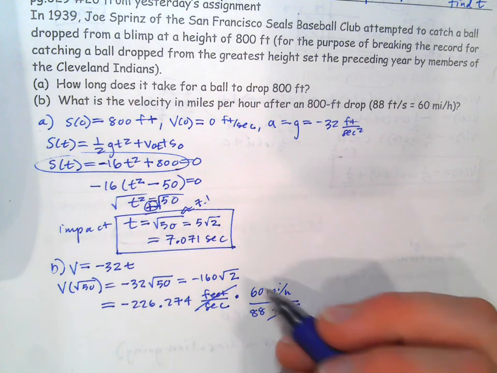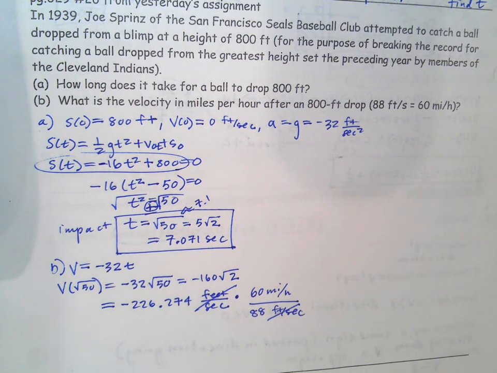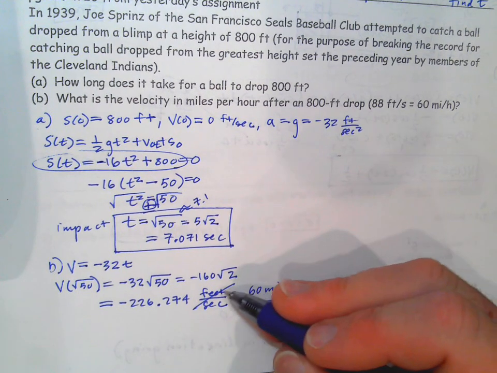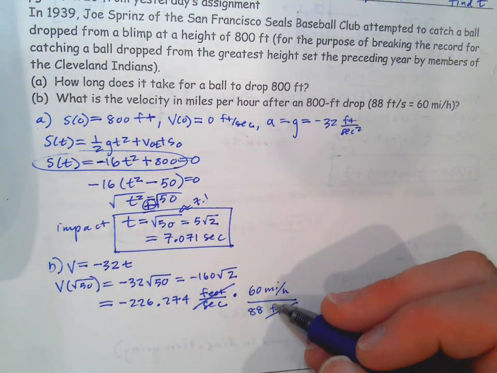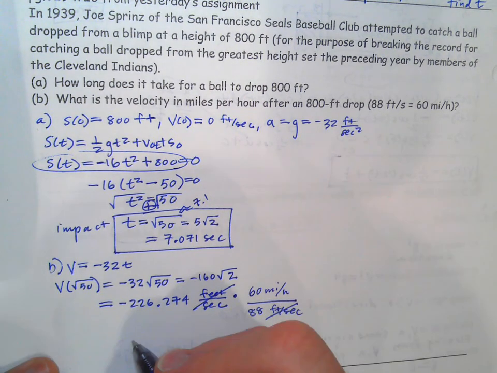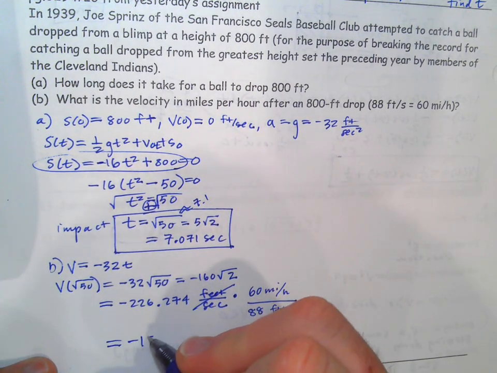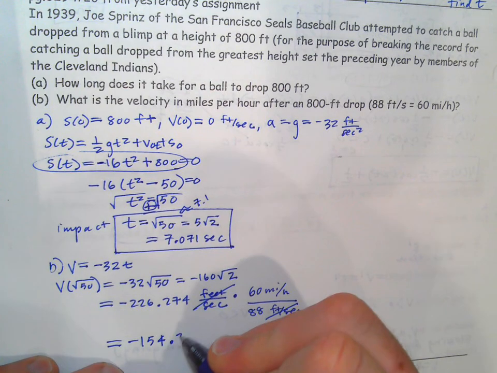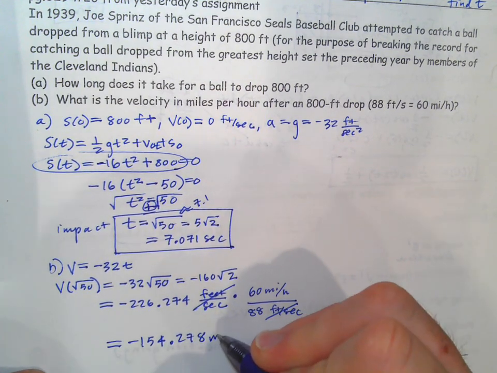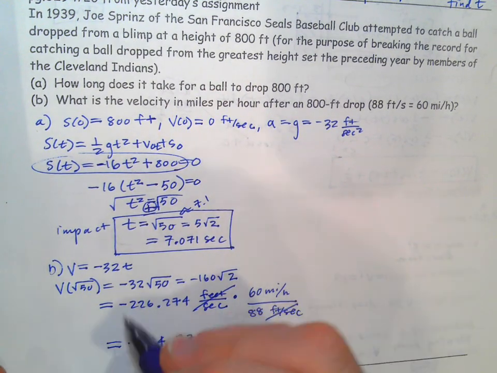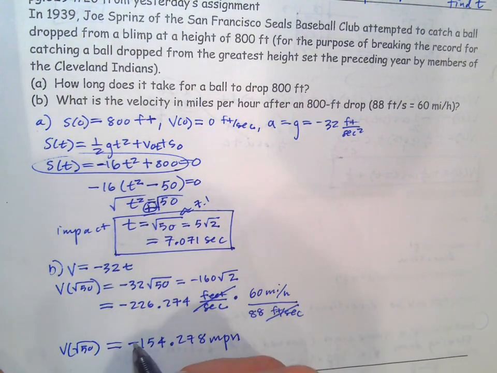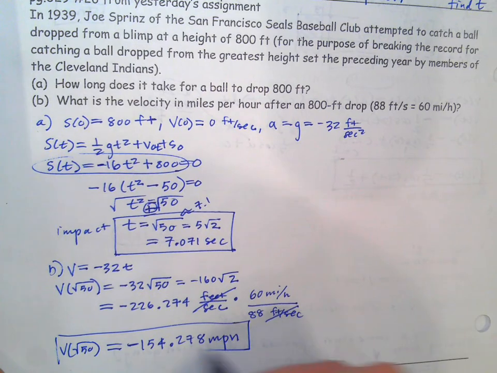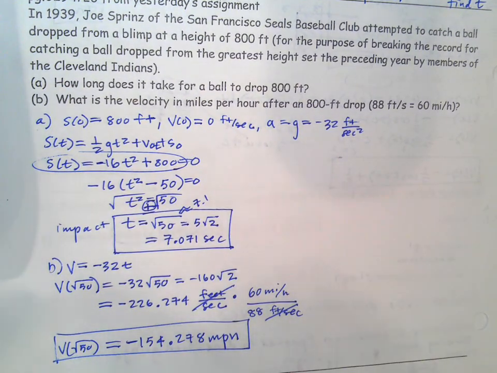If you're multiplying by a conversion factor, you always want the old units to be on the bottom so they cancel out, and the new units on the top. If you multiply it out, you get negative 154.278 miles per hour. So that's the velocity of the ball, and it's negative because it's coming downwards. It should be negative. Speed is just positive.